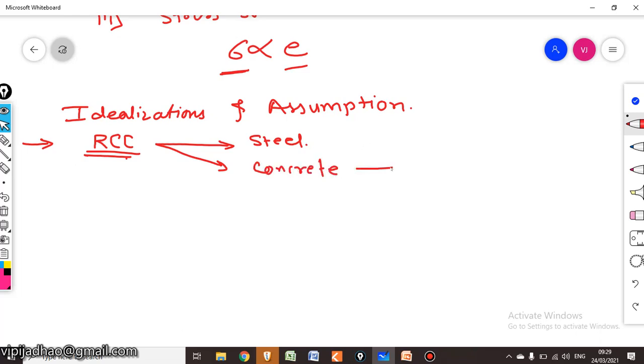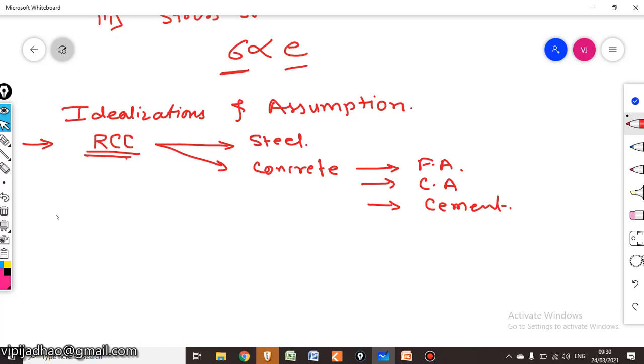This concrete is made from different materials such as fine aggregate, coarse aggregates, and cement.